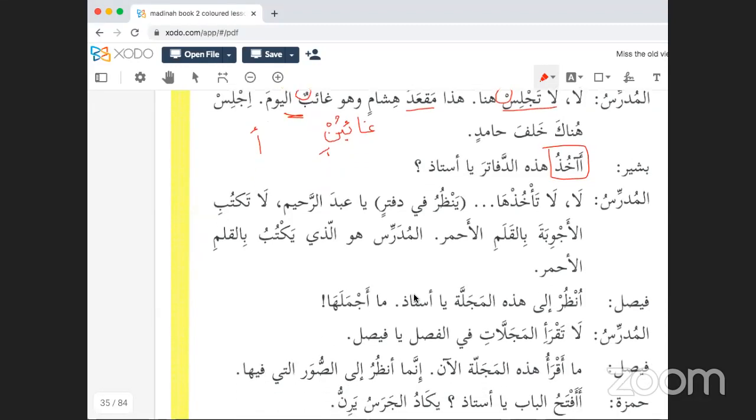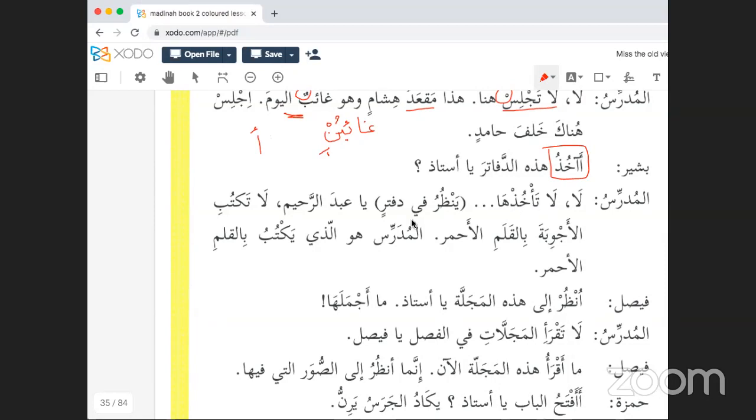Teacher replies saying, لا تأخذها يا عبد الرحمن يا عبد الرحيم لا تكتب الأجوبة بالقلم الأحمر. المدرس هو الذي يكتب بالقلم الأحمر. بارك الله فيك. So what does this sentence mean? He says, لا تأخذها. Don't take them.